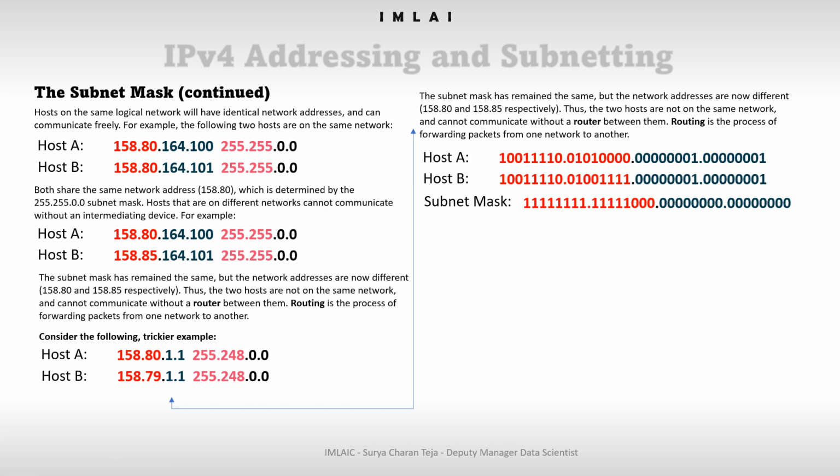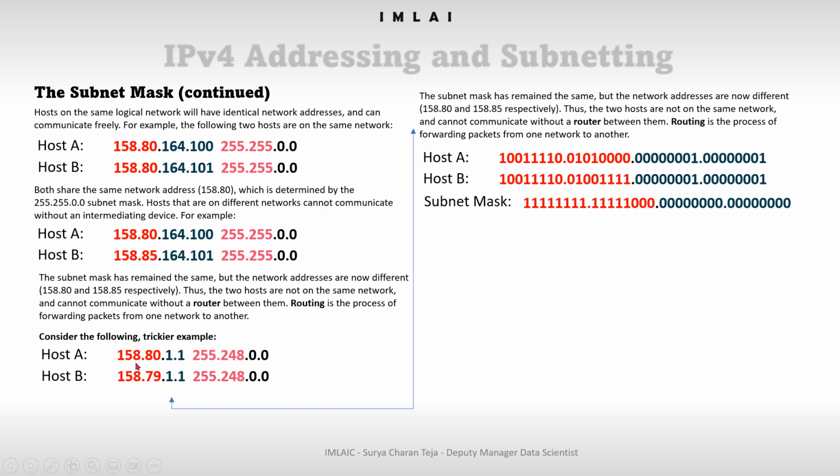Now based on that, it's pretty clear for host A and host B. You have to consider the first two octets, of which the first octet is the same but the second octet is not the same. Of course, their host ID is the same, but the network is not the same.